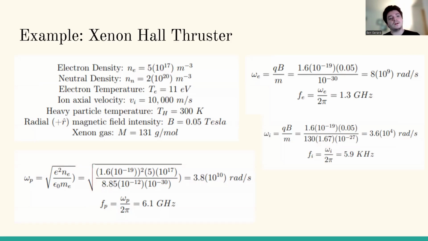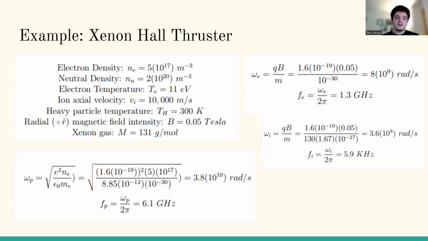To start with, I listed a couple of the properties of the xenon plasma. As you can see, when we plug in our values, the plasma frequency comes out to be around 6.1 gigahertz, and the cyclotron frequency of the electron comes out to be around 1.3 gigahertz.